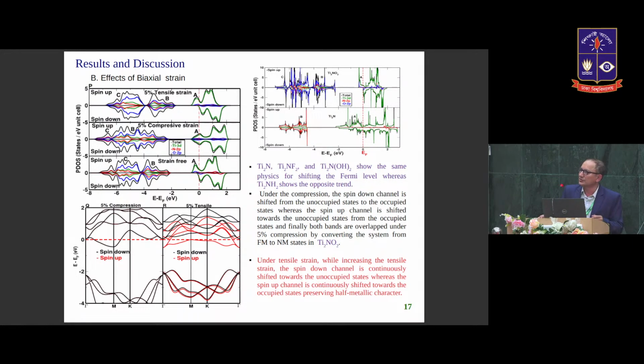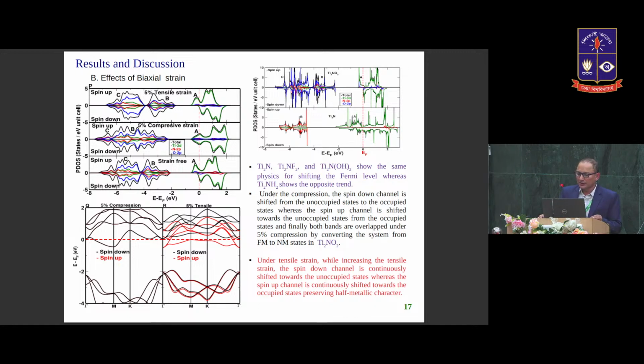that compression up to 5% compression, we observe that this spin down channel band is moving towards the valence band, and this spin down channel slightly moves towards the conduction band. So it shows the non-magnetic behavior.